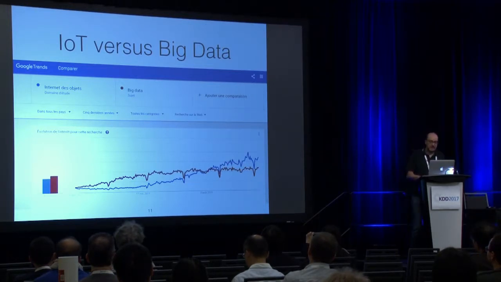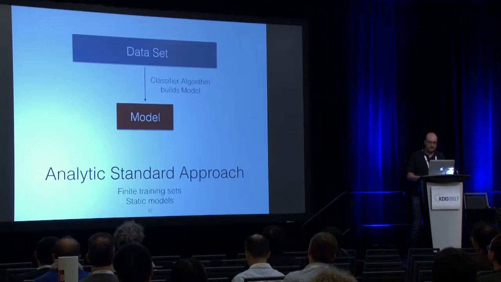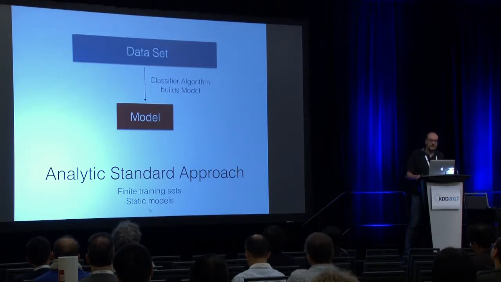So this is why we think that the Internet of Things is going to be really important in the next 5 years. And as you know, there's going to be a lot of time series data and a lot of streaming data.